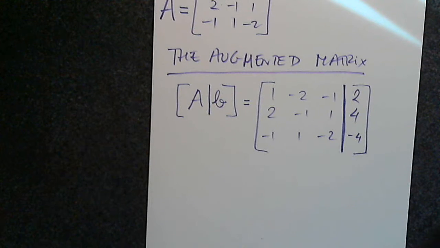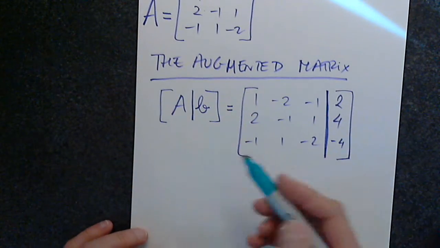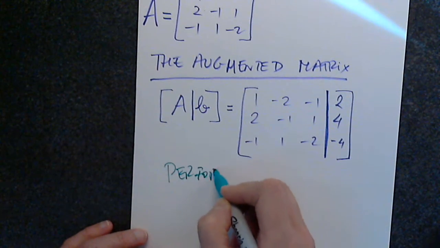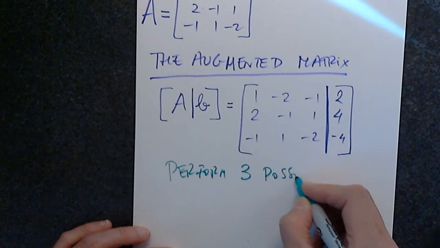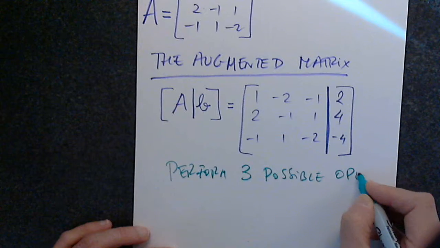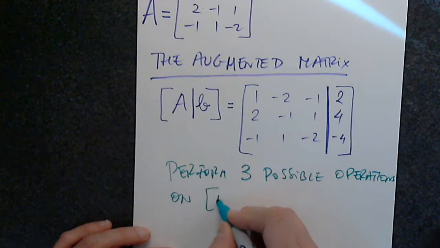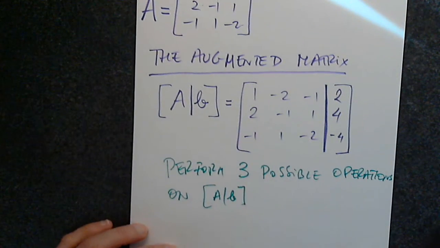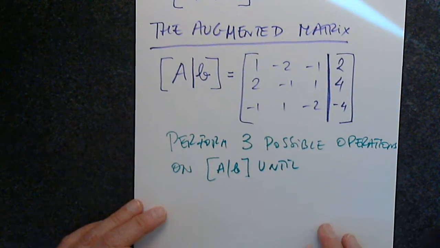And now let's talk about the purpose of the method. Then I have to explain one more thing, and then we'll start. I would like to perform 3 possible operations on the augmented matrix until it looks like this.